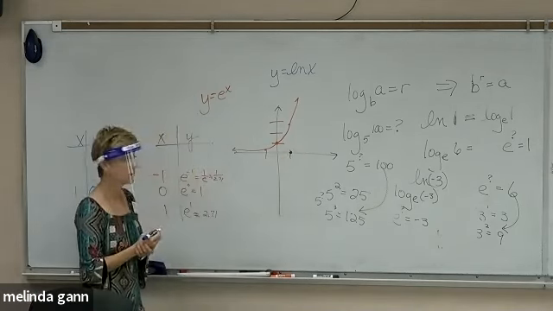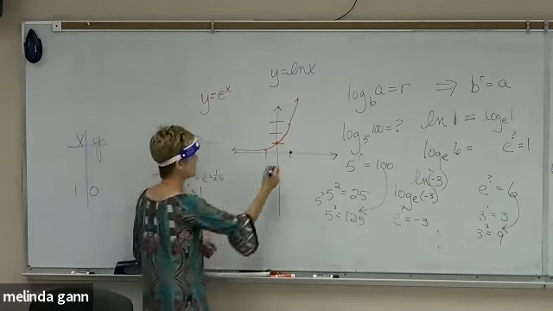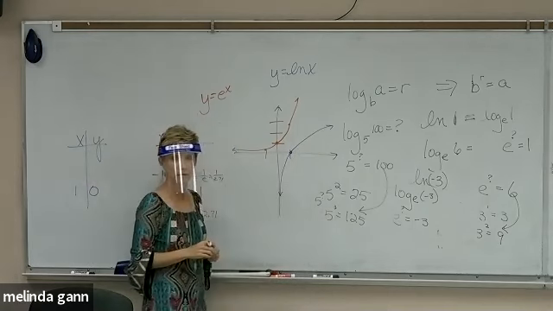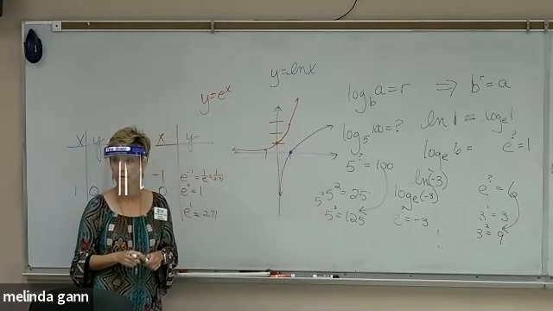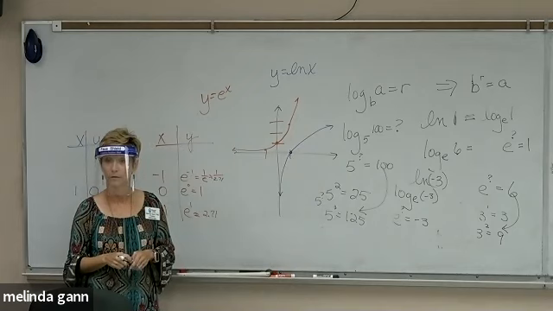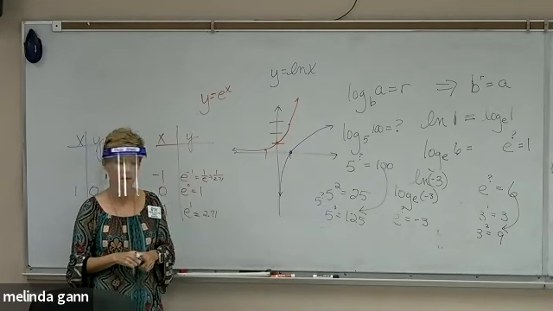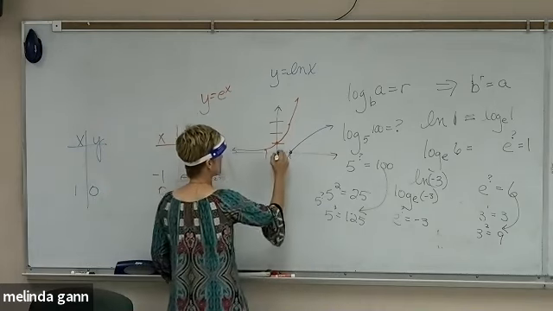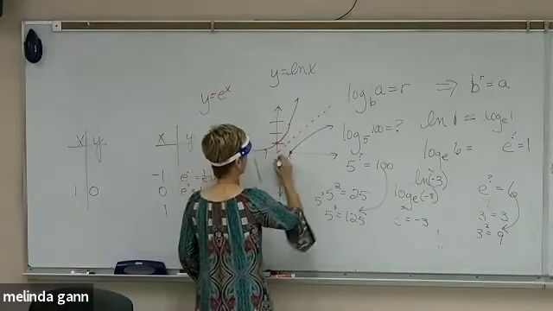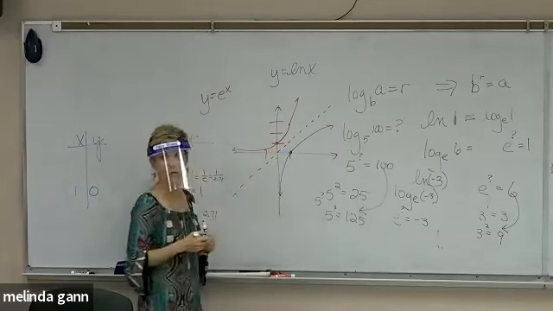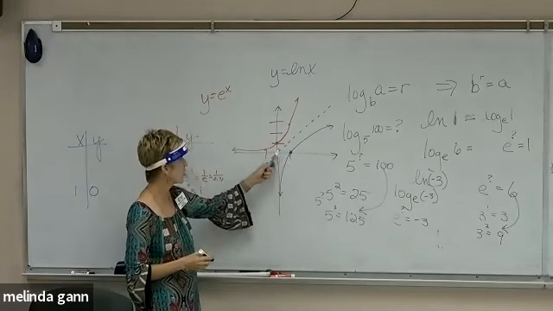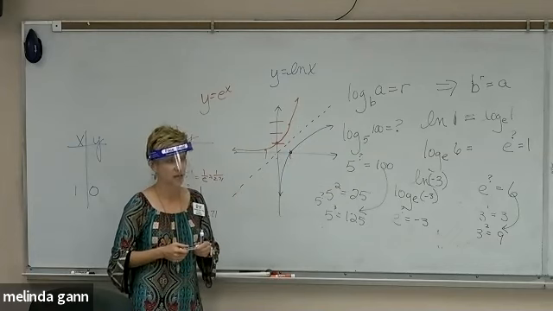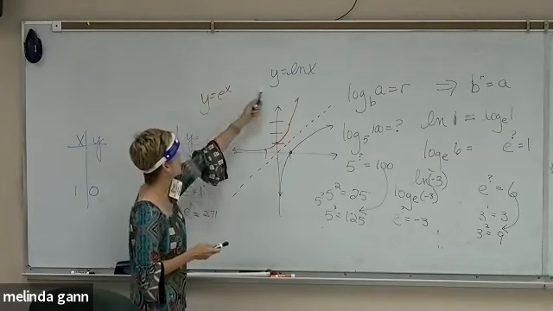Got your graph? Does it look like this? Right? Now, mentally, I need you to do the line y equals x. And fold. And what do you notice about this blue graph and that orange graph? What are they going to do? They're going to be on top of each other, which means they're inverses. These are inverses of each other.